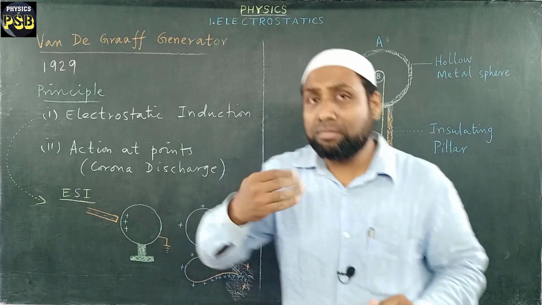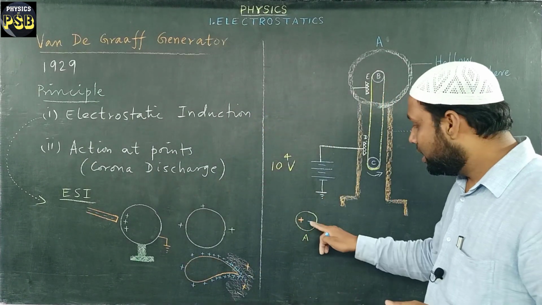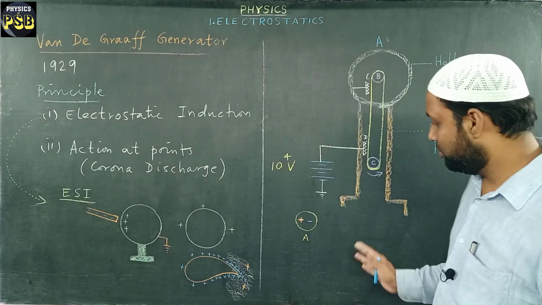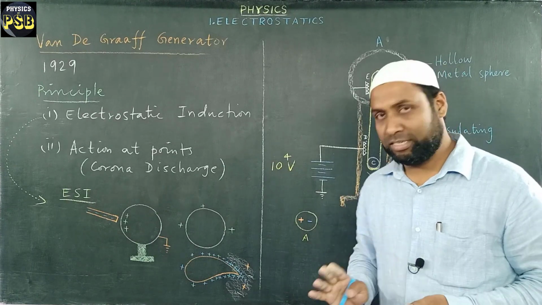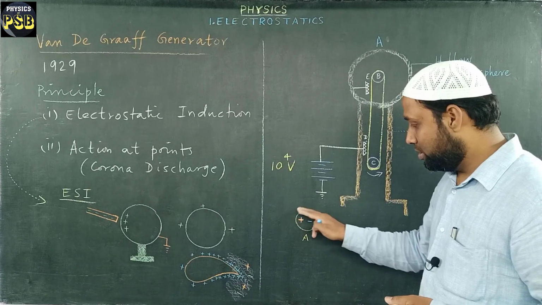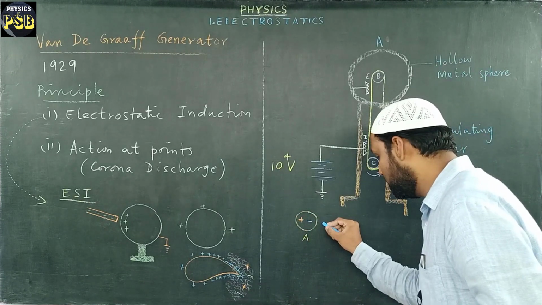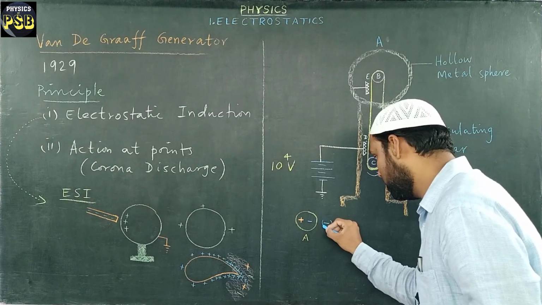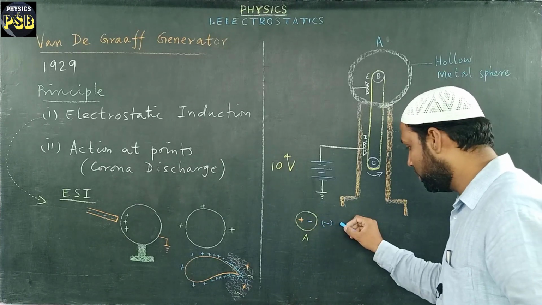Now suppose by some method I remove one charge from this. Suppose I remove an electron. Why electron? Electrons carry negative charge. So when I remove the electron, only positive charge is left here. So what is left?